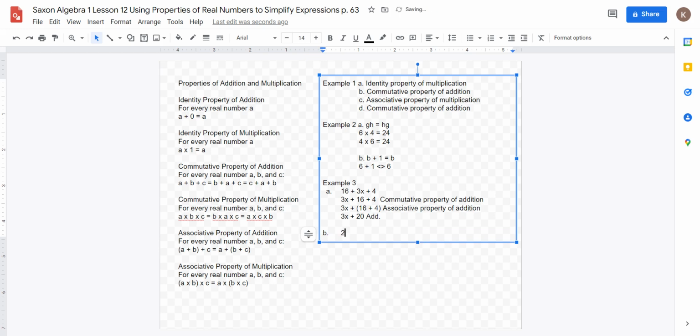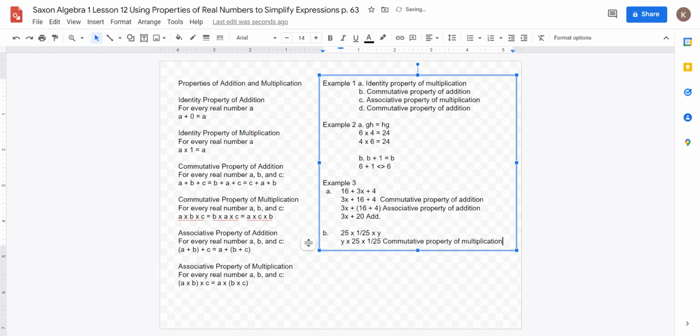Here, in this case, we have 25 times 1 over 25 times y, okay? Now, how am I going to combine these? Well, first of all, I need to get the things that are like terms right next to each other. So I'm going to say this is y times 25 times 1 over 25. And that's going to be the commutative property of multiplication.